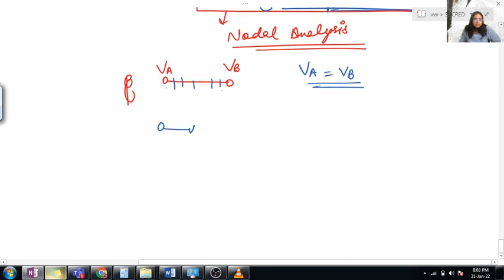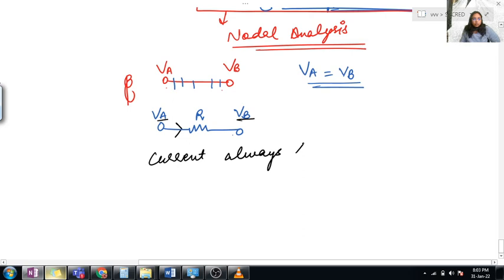Next I am taking another example. Suppose this one is VA and this one is VB, and in between these two points I have connected a resistor, and the current is flowing from VA to VB. Since a resistor is connected, there is a difference in potential between point A and point B. As you know, current always flows from higher potential to lower potential.